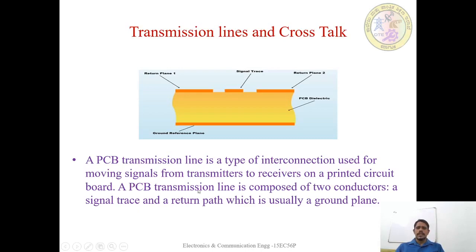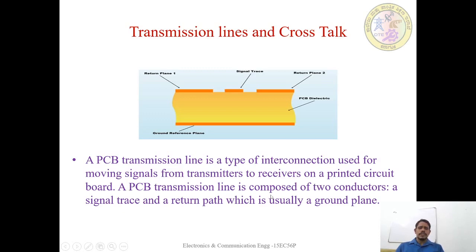What is a transmission line? A PCB transmission line is a type of interconnection used for moving signals from transmitters to receivers on a printed circuit board. A PCB transmission line is a trace used to carry the signals from driver pin to receiver pin.